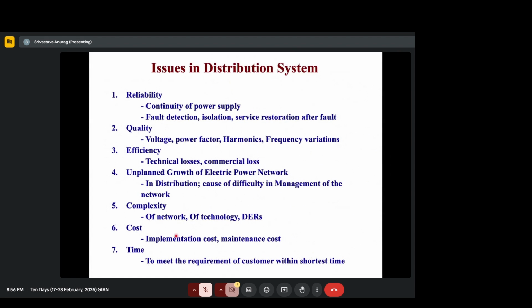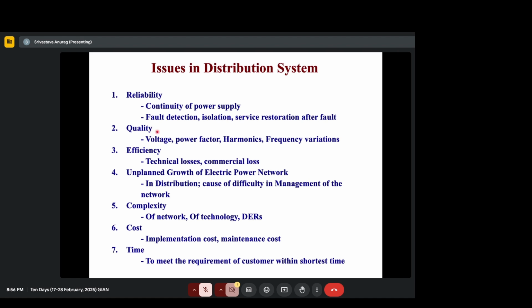So the next thing is, what are the different issues which we have already discussed? So we'll go very quickly through this. Reliability, which is the most important. We are doing everything so that the system is reliable, able to feed the power to the load. There is fault detection, isolation, service restoration in place, which is part of the outage management system or ADMS or DMS.